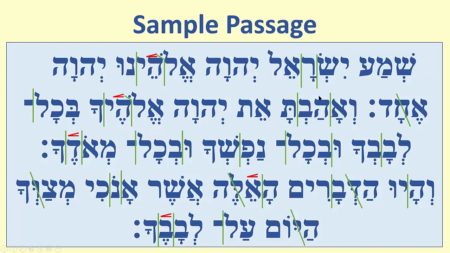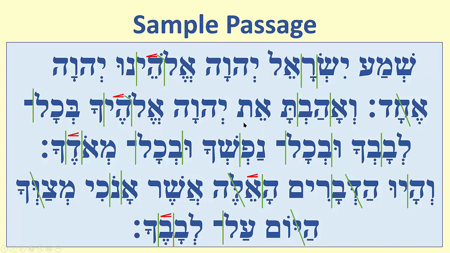If the stress is on the penultimate, it's an action that happened in the past, but if it's on the final syllable, it means it's an action that happens in the future, or an incompleted action. So you can have words that could have more than one accent placement. Okay, it could be here, it could be there.